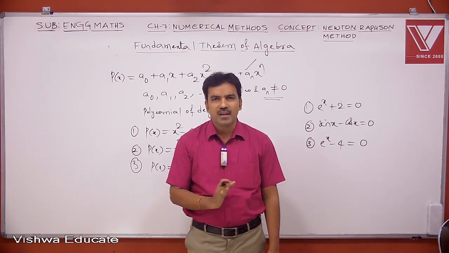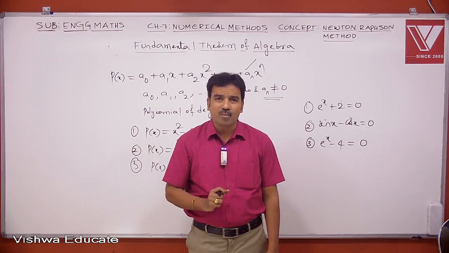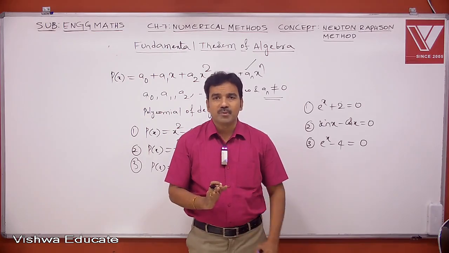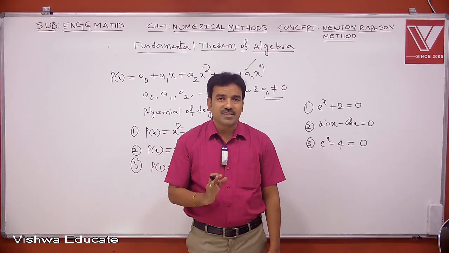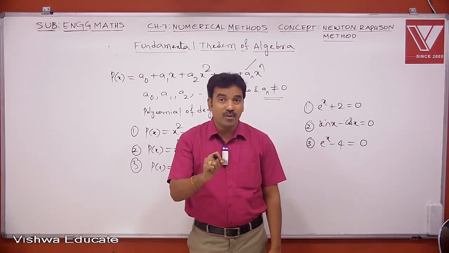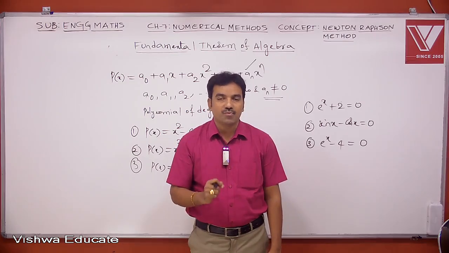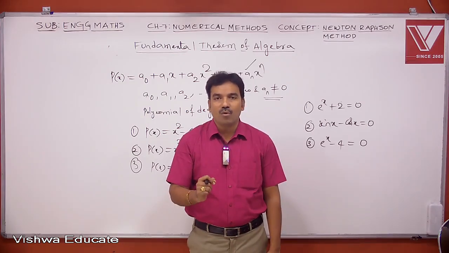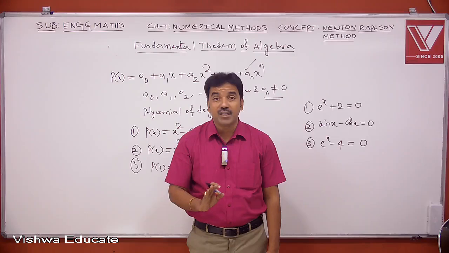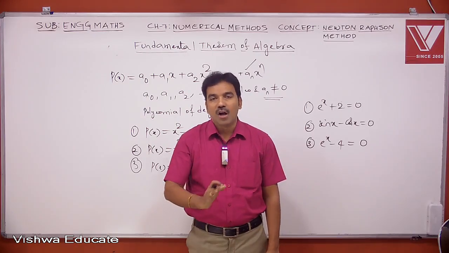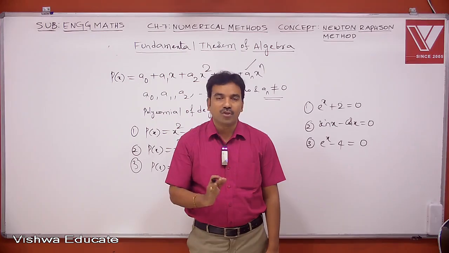That depends on some basic properties. But if you have a polynomial expression of degree n, it has exactly n roots. That's why the degree is a very important characteristic for polynomial expressions, whereas non-algebraic equations don't have any specific feature like degree. That's why we are unable to know how many roots there are for non-algebraic equations.